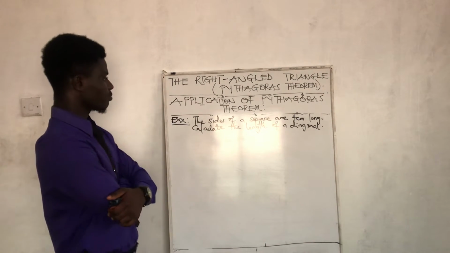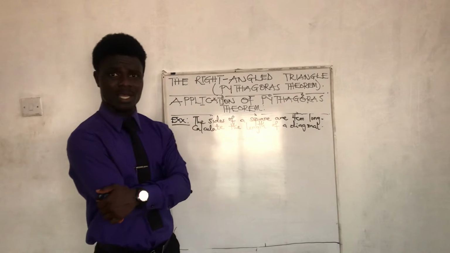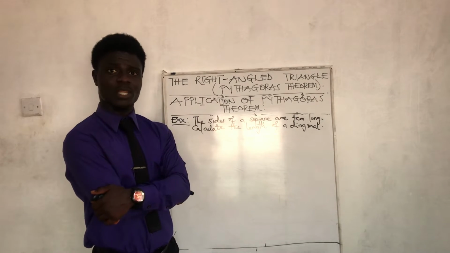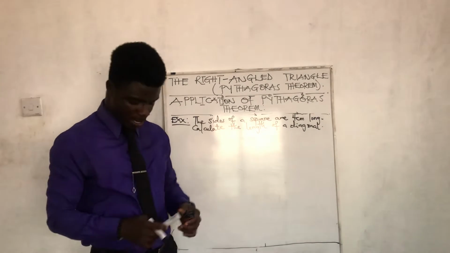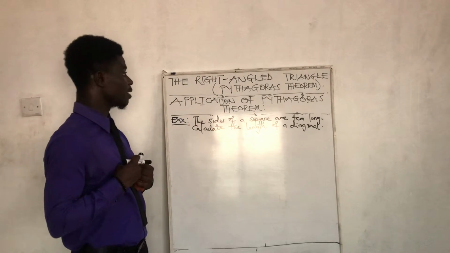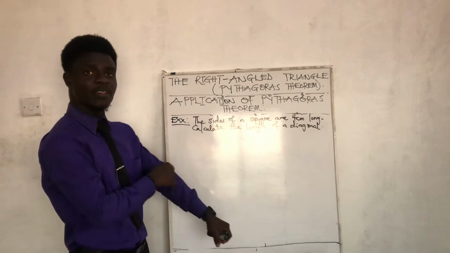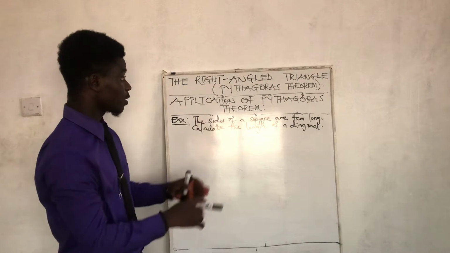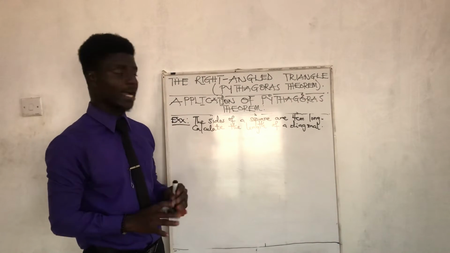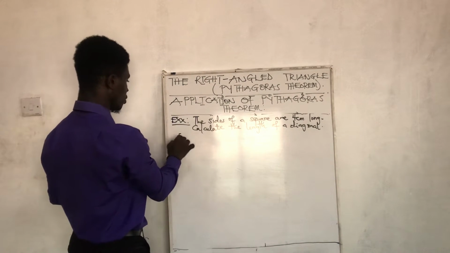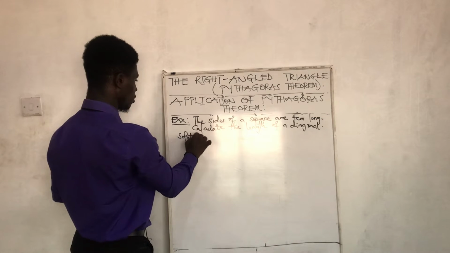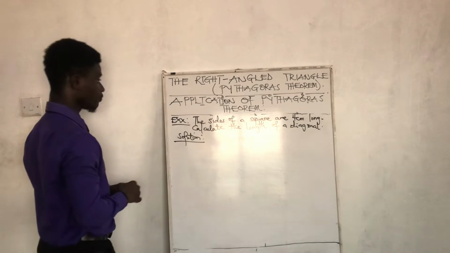So now, what is a square? A square is a plane figure, or a plane shape, with 4 equal sides. So, solution. Let's see.